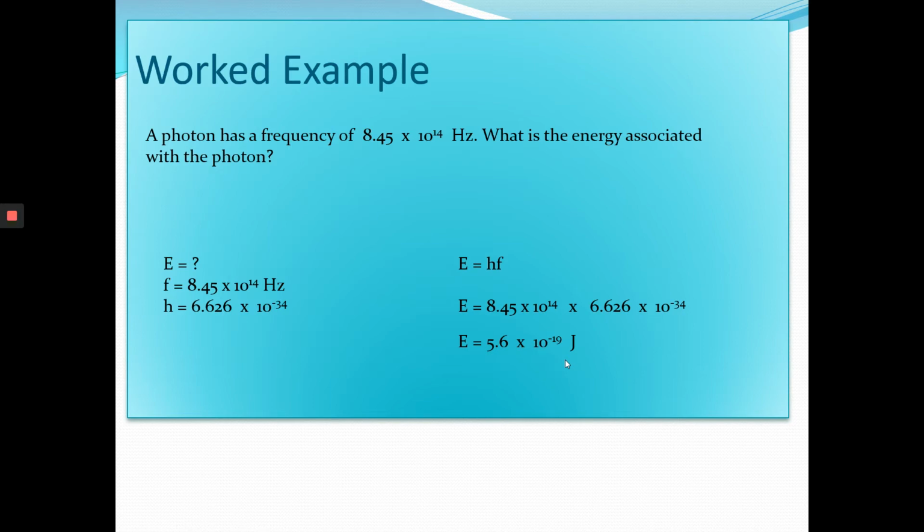It doesn't need to be times 10 to the -19, but that's the sort of region you're looking at. And for the frequency of a photon, you're usually looking at something along the times 10 to the 14. So frequency should be really big and energy should be really small. If you get it the other way around, you've probably done something wrong.